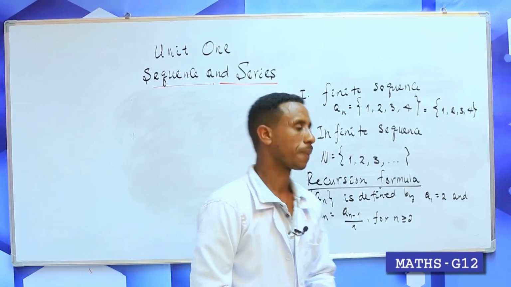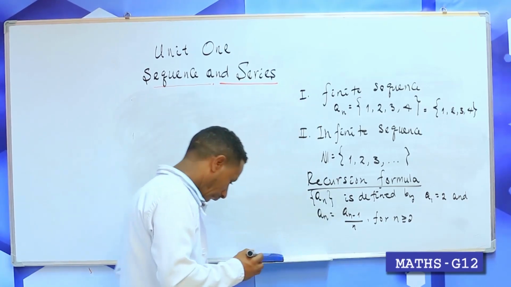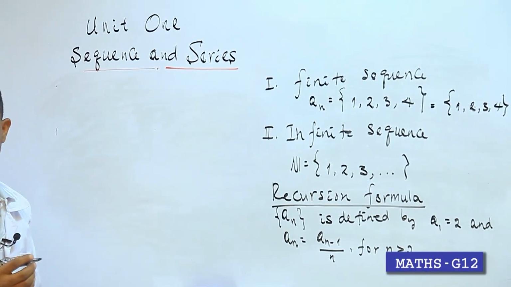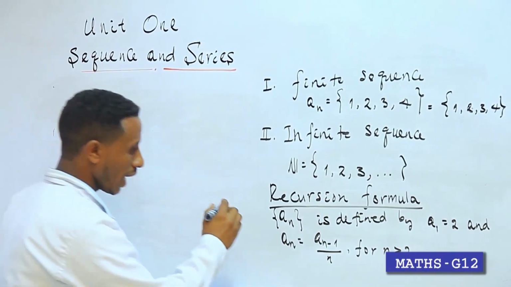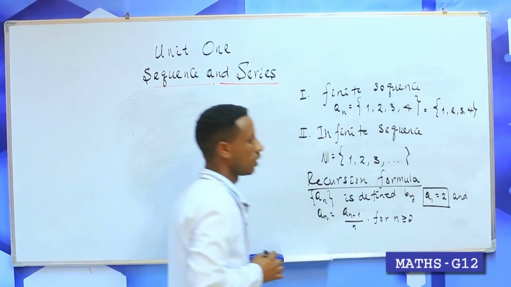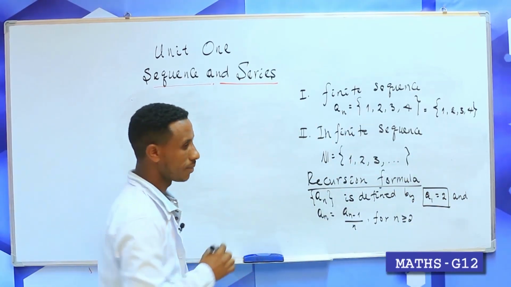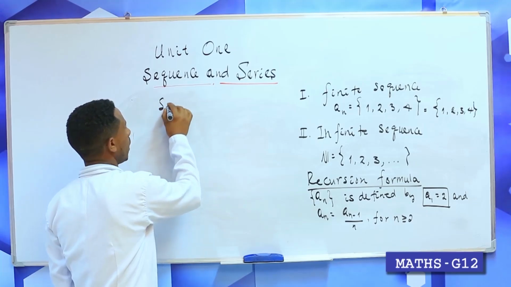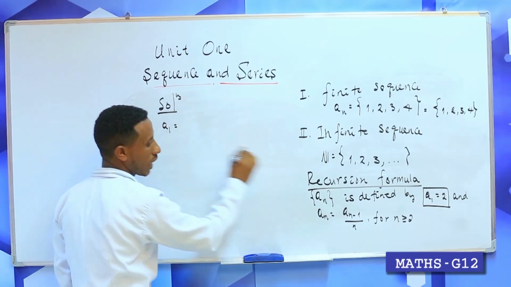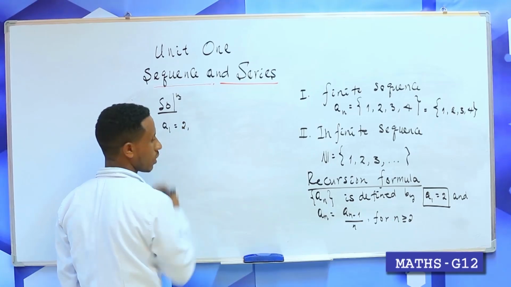Very good. Let's see the problem together. We have the first term of the sequence, that's A1. A1, as you can see, is 2.